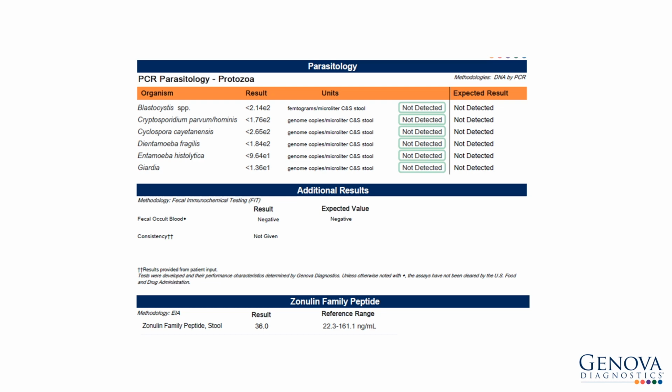Genova offers add-ons for pathogenic bacteria if clinically indicated, and those are assessed via FDA-cleared enzyme immunoassay. These add-on bacteria include H. pylori, Campylobacter, Shiga toxin E. coli, and Clostridium difficile.